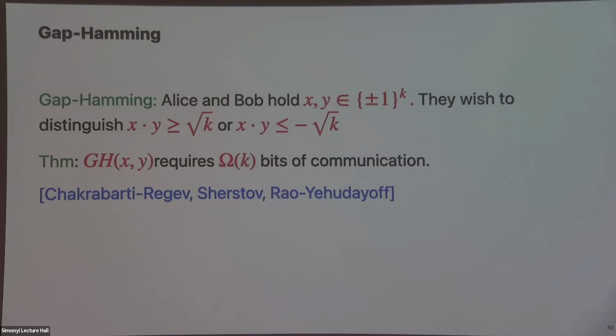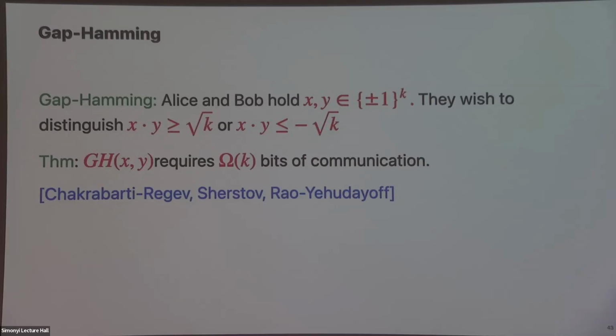So here, this root k seems to show up a little abruptly, right? What happens if we say distinguish between x dot y greater than t or x dot y less than minus t, and t is less than root k? Well, that problem is only harder. If I say x dot y greater than 1 or less than minus 1, then of course the omega k lower bound will hold. On the other hand, if you take t greater than root k, then random sampling will do something non-trivial for you. So you won't get a k lower bound anymore.